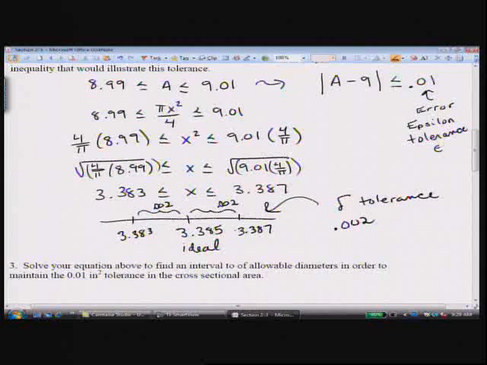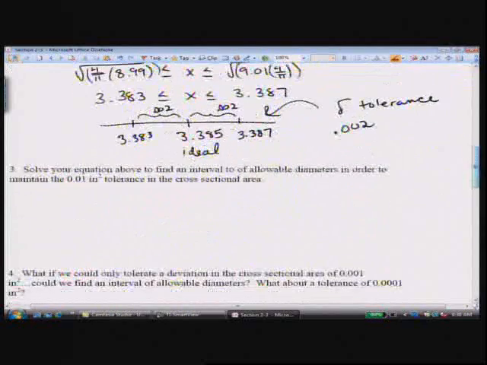If, say, this one was 0.003 and this one was 0.002, which of those numbers would you tell them to use? Yes, go with the more conservative, right? Because then you're guaranteed. So you always choose the smaller delta. It could happen that your delta tolerances are different on either side, and you always want to choose the smaller delta.